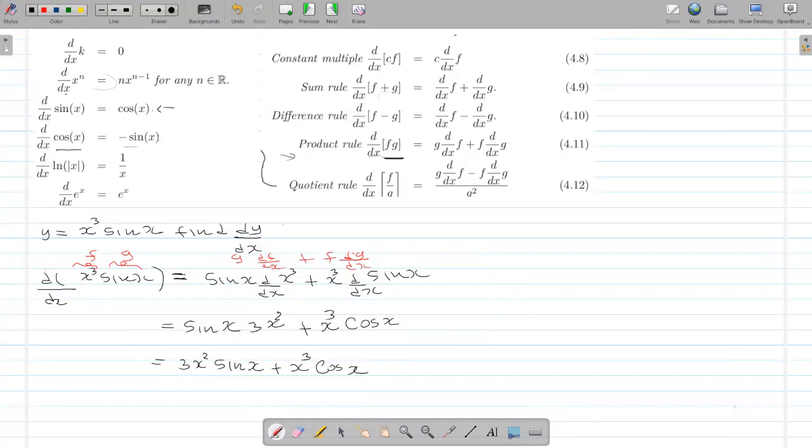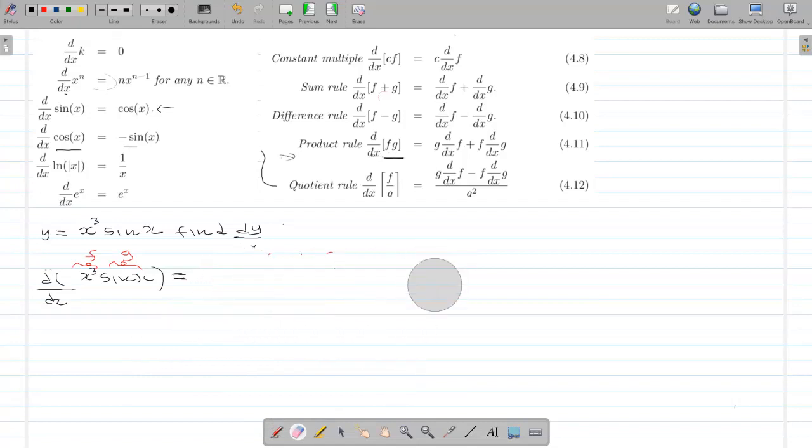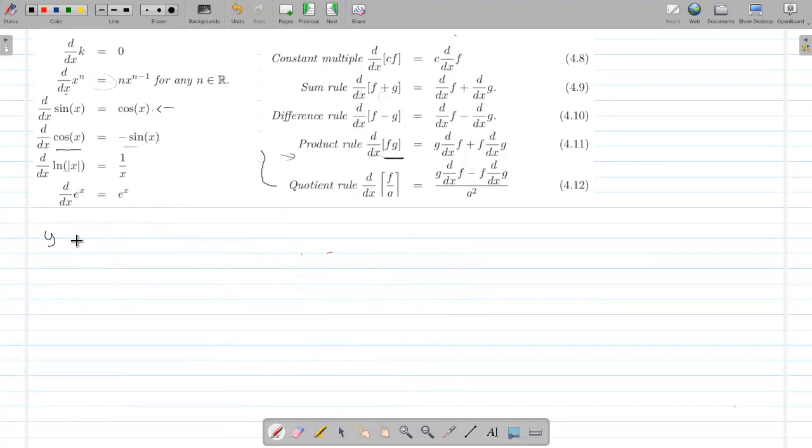Any questions? Okay, I'll give you one to try. Then we will do it in the dash notation, and it's the same, even if I change the letter.